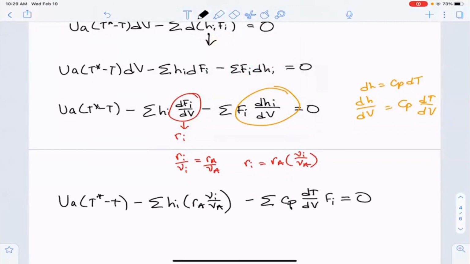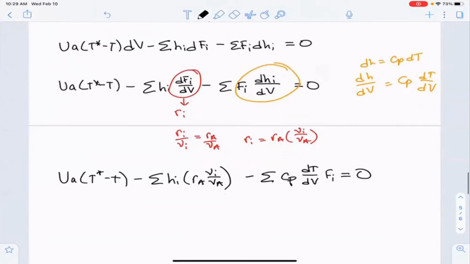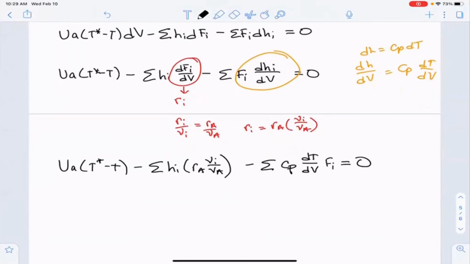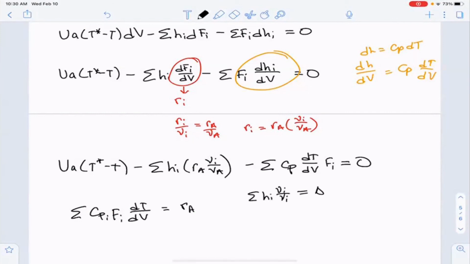And we can rearrange this and find that the sum of Cpi times Fi times dT/dV equals Ra, and remember that the sum of Hi times the stoichiometric coefficients is just delta H of reaction.